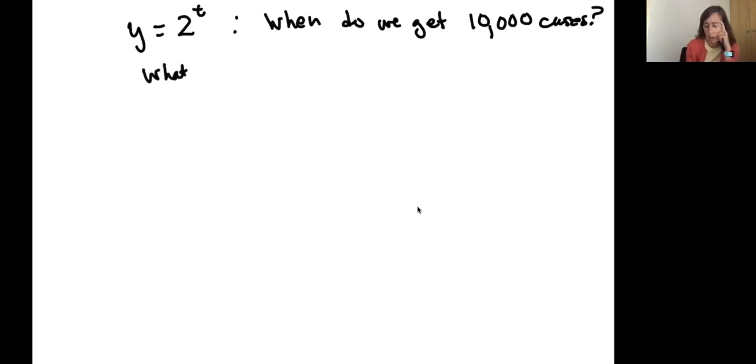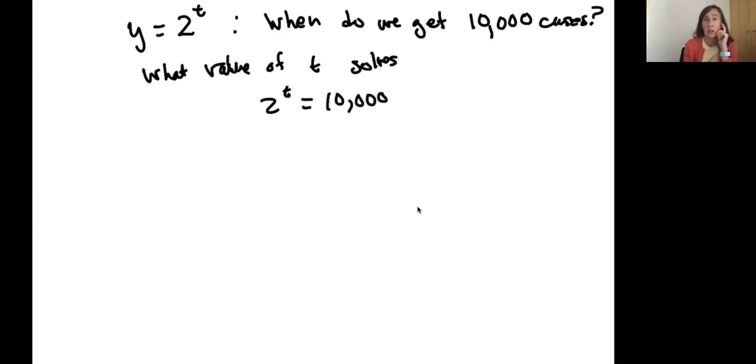what value of t solves 2 to the t equals 10,000, right? Right now the papers are full of speculation about when particular numbers of cases will hit particular benchmarks in different places. So this question is put in even a mathier form here.